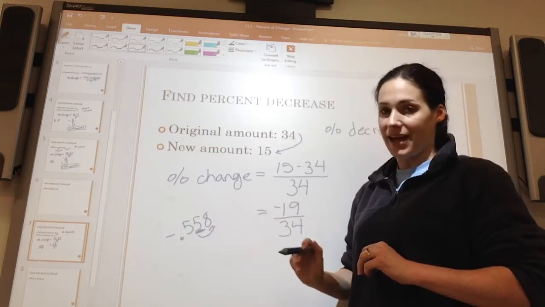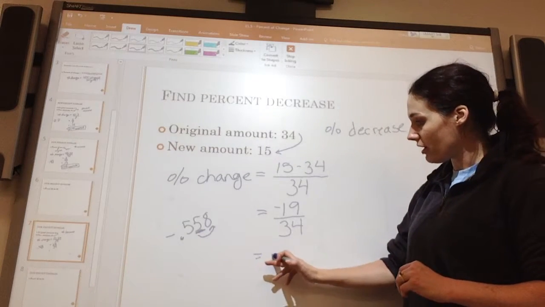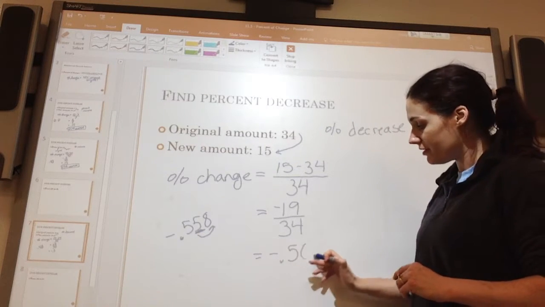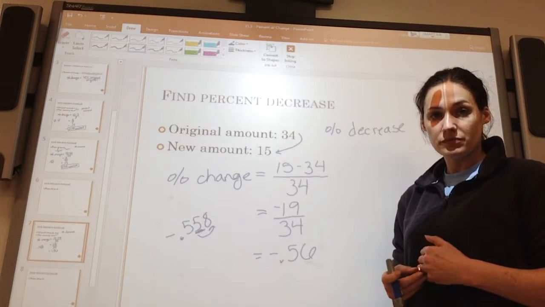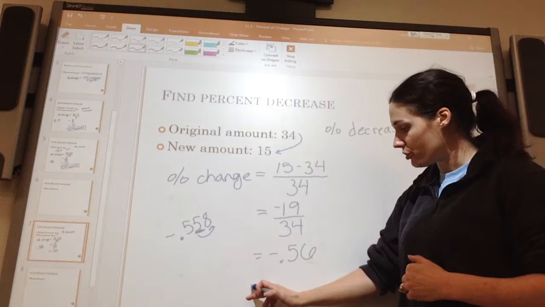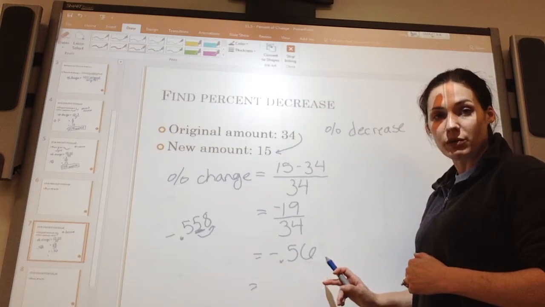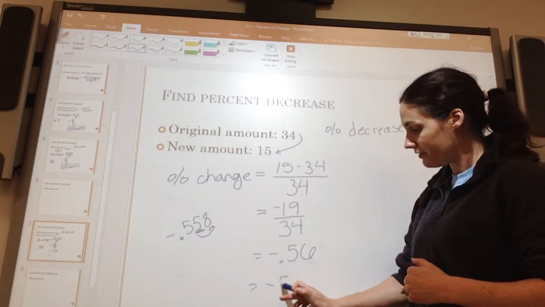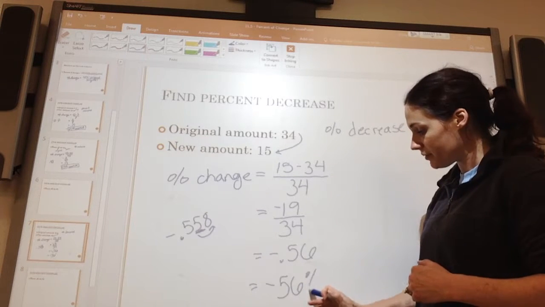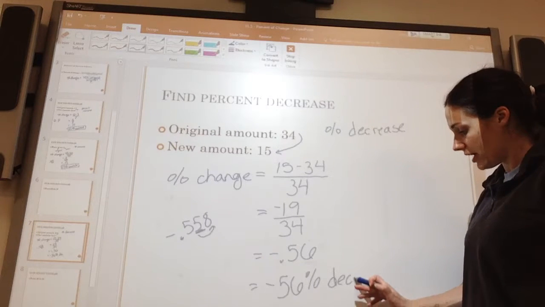The next digit is an 8, so that means this is going to go up to a 6. So over here, I'm going to write negative 0.56. So I went from fraction to decimal, and now decimal to percent. Dr. Pepper tells us, move to the right when moving it into a percent, so I get negative 56%. And this is a decrease.